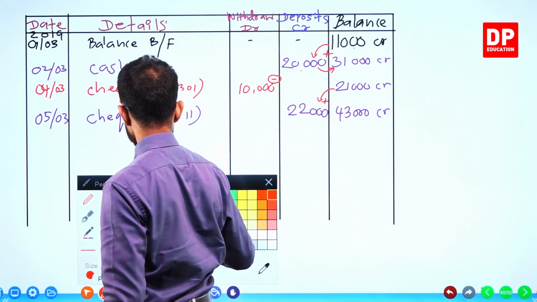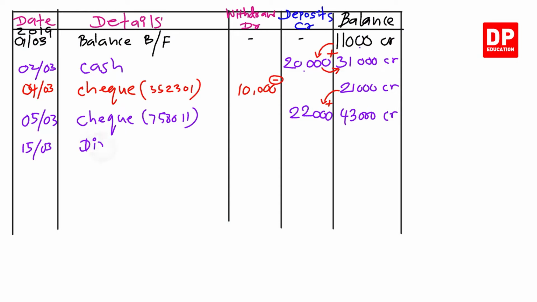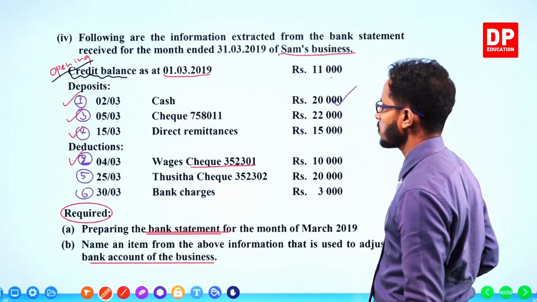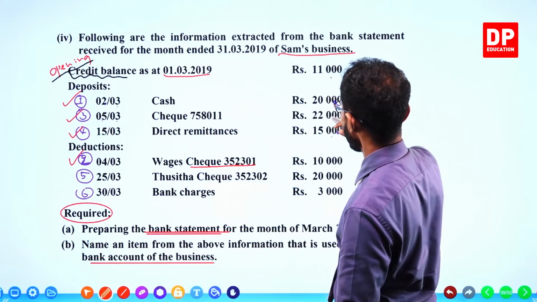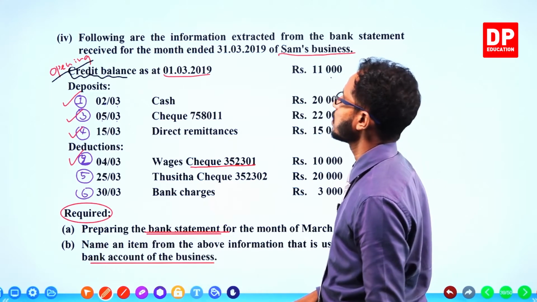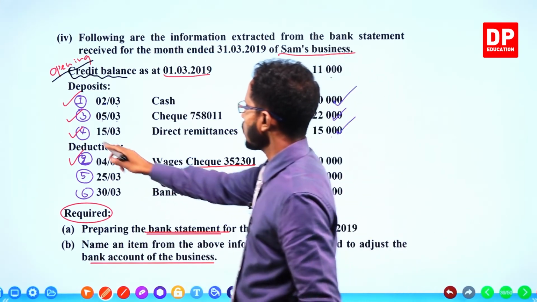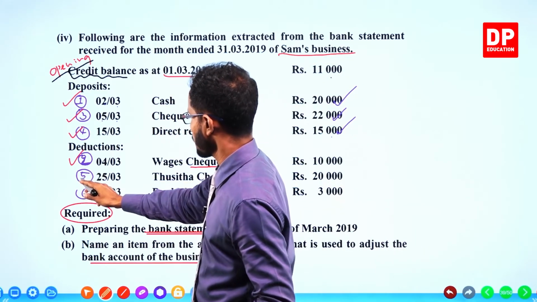Direct remittance should be credited, 15,000. Isn't it? Yes, 15,000. Done. This is also done. 15,000 taken.